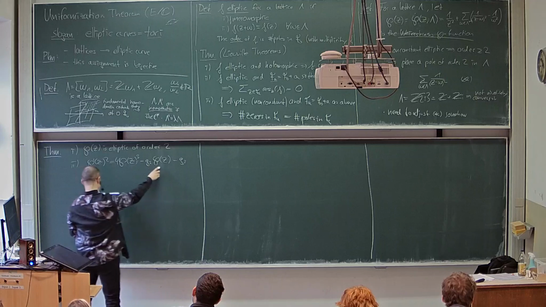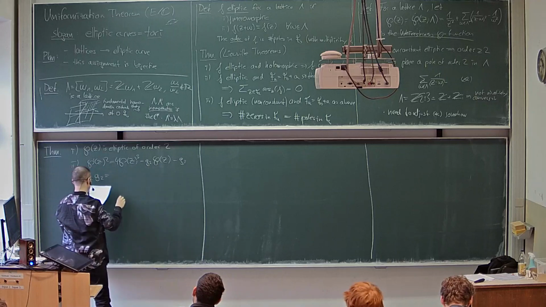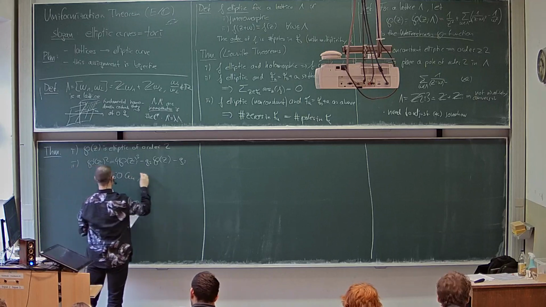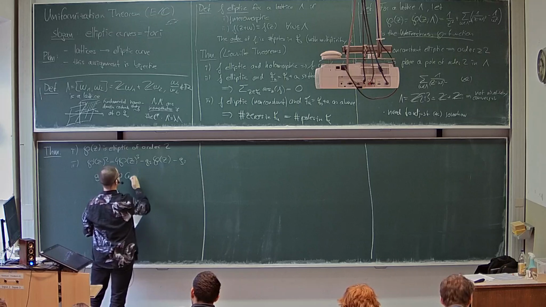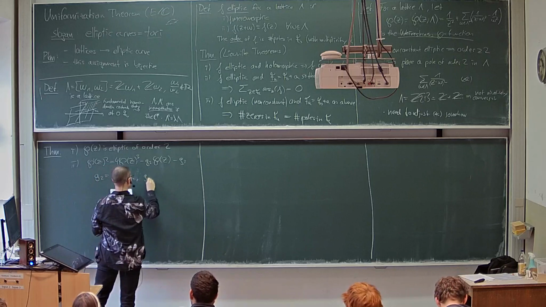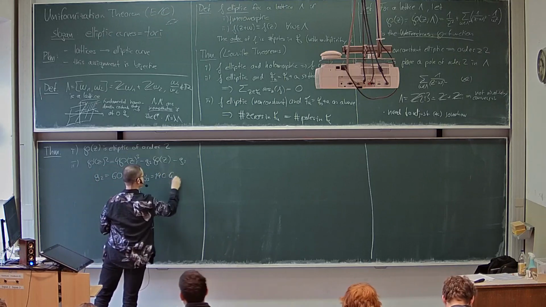But let me tell you what these coefficients are. So G2 is 60 times G4 of the lattice. I fix a lattice for all of this, as I mentioned. And G3 is 140 times G6.